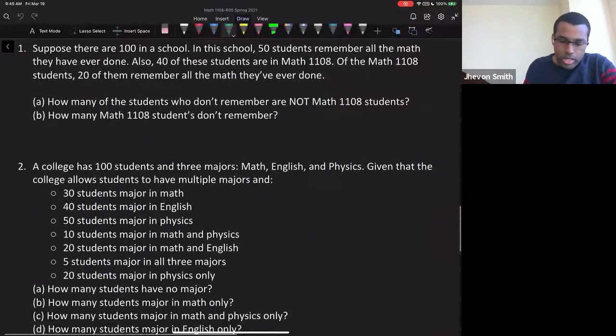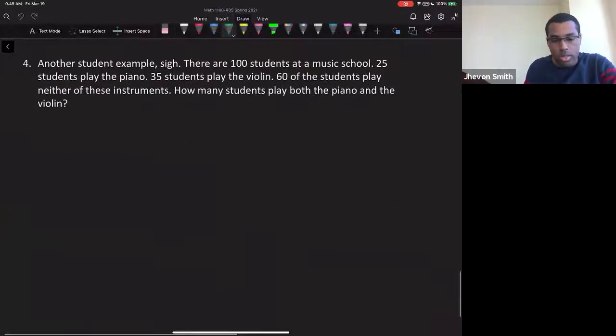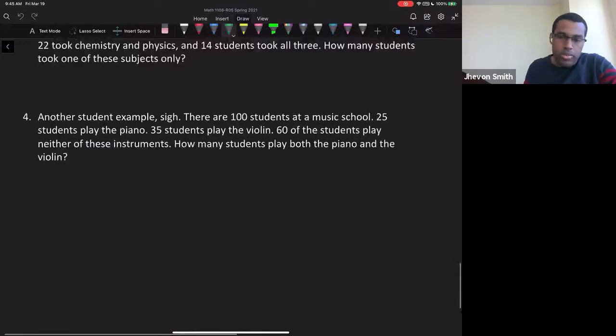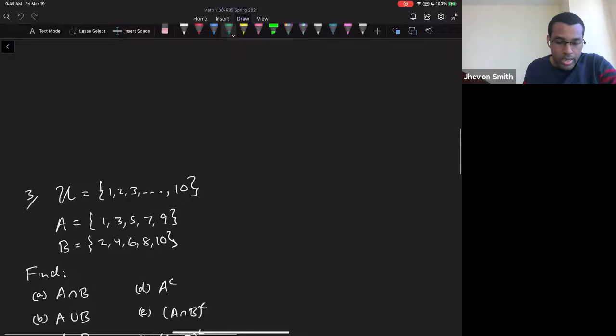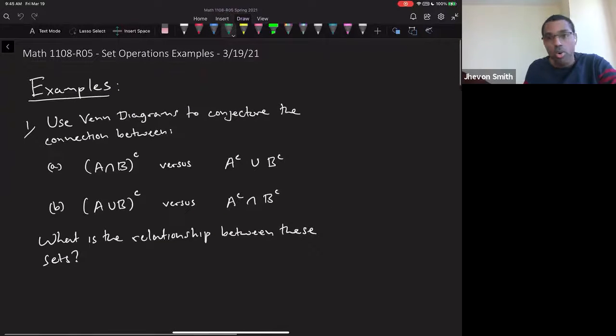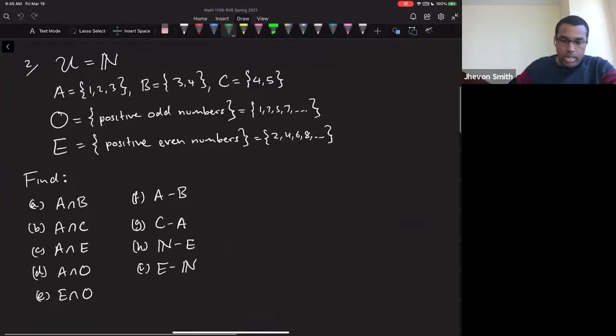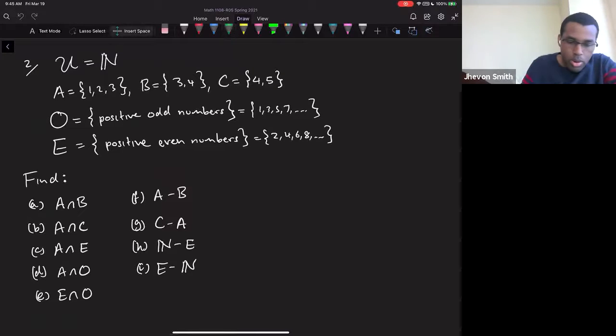But there are also, in addition to that, some word problem examples that I want to do with Venn diagrams. We'll only get through one of them, but I'll leave the other three for you to try. You'll definitely be tested on it, so I definitely want you to try it on your own. Okay, that being said, let's actually get to the problems.